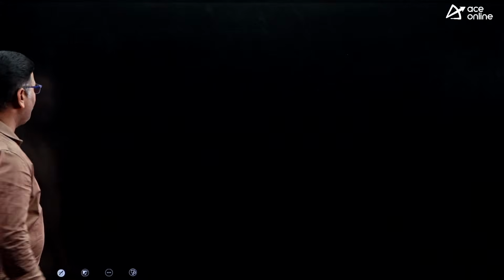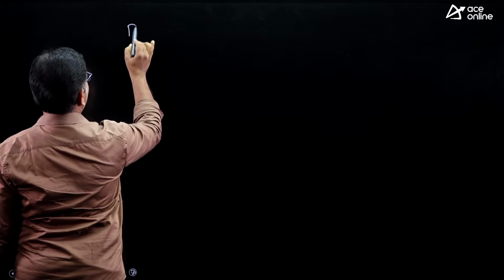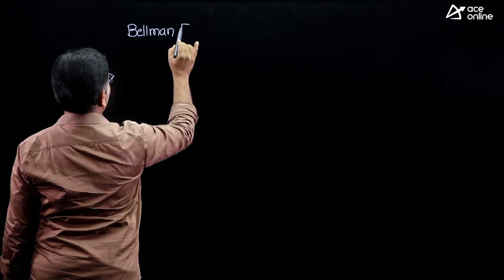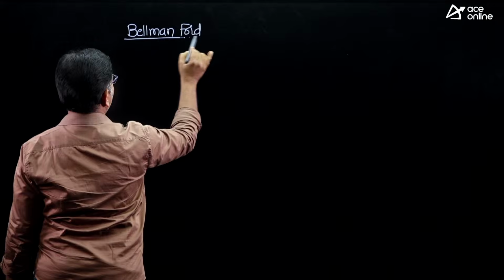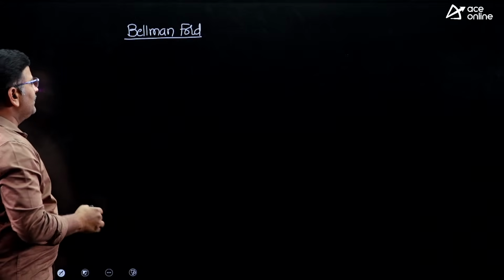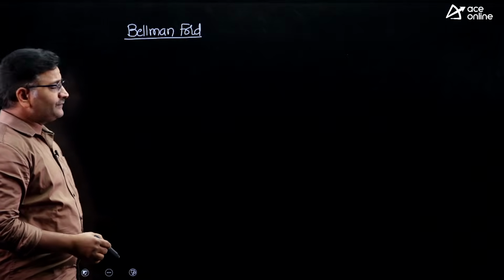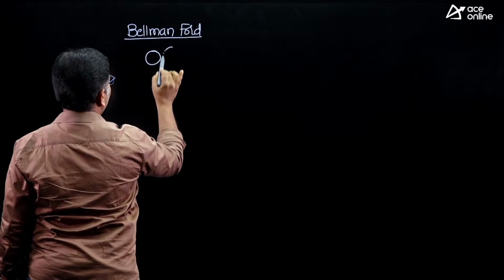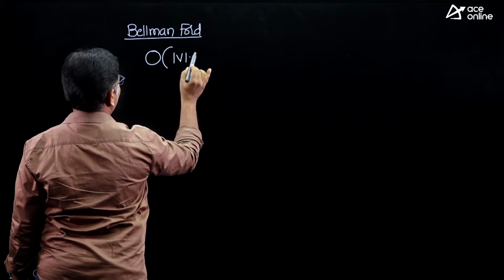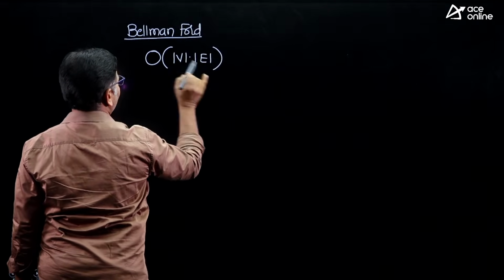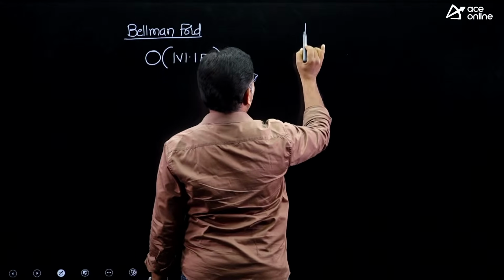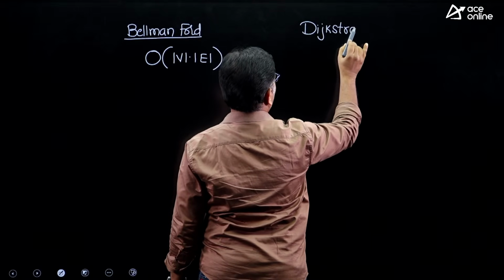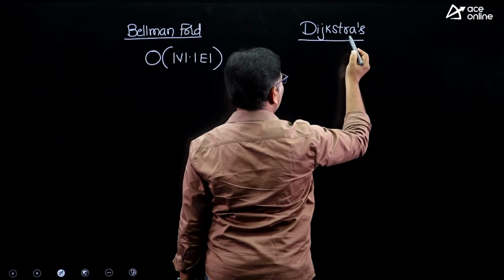Let me justify this one. You might have studied dense graph and sparse graph in the basics of graph theory. In the Bellman-Ford algorithm, we know the time complexity is order of V into E, whereas for the Dijkstra algorithm there are multiple time complexities available.